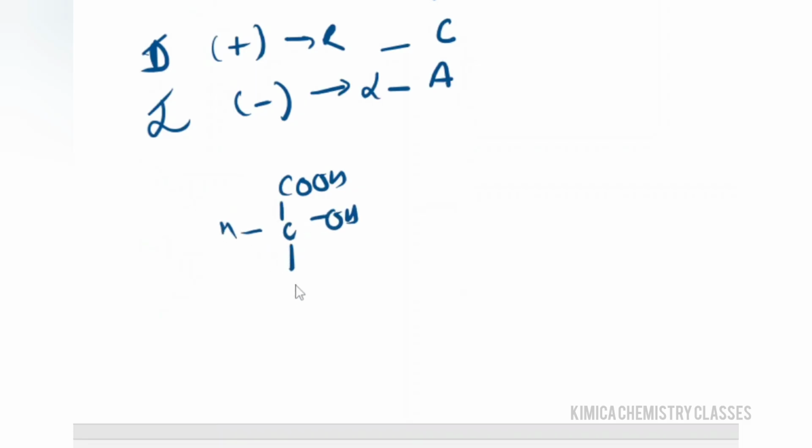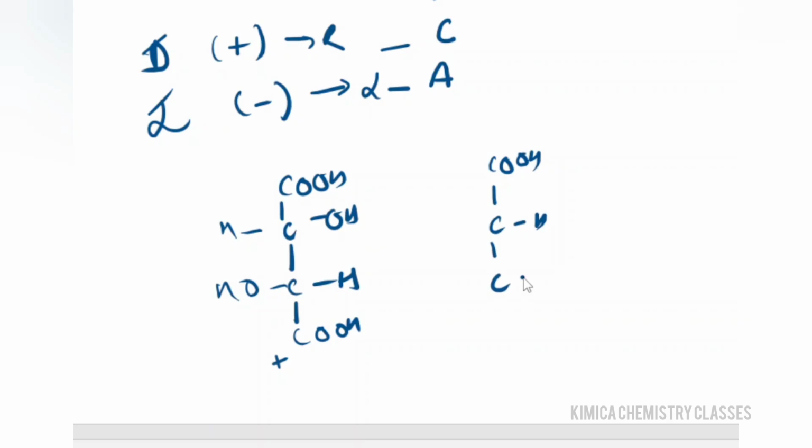As you can see, this is positive tartaric acid. You can say it is positive, and when the position of OH, or you can say hydrogen, is changed, then there is a negative sign, right?